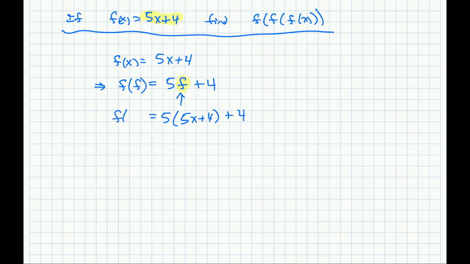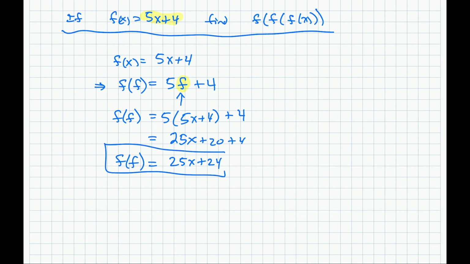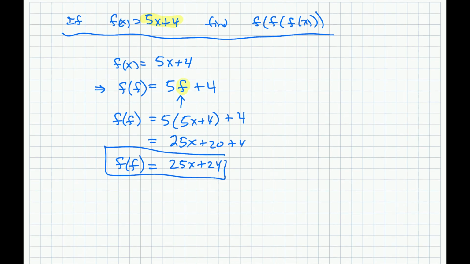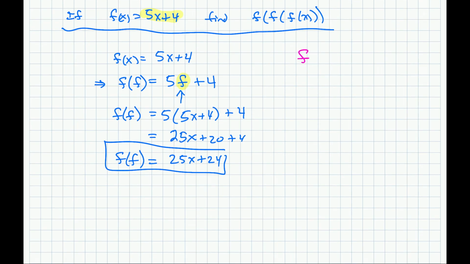So this is f of f. Multiply that out. 5 times 5x is 25x. 5 times 4 is 20, and then plus 4. So you have 25x plus 24. That's f of f. Now this is not the answer, but stop here, come back, and start over with f. f of x is 5x plus 4.